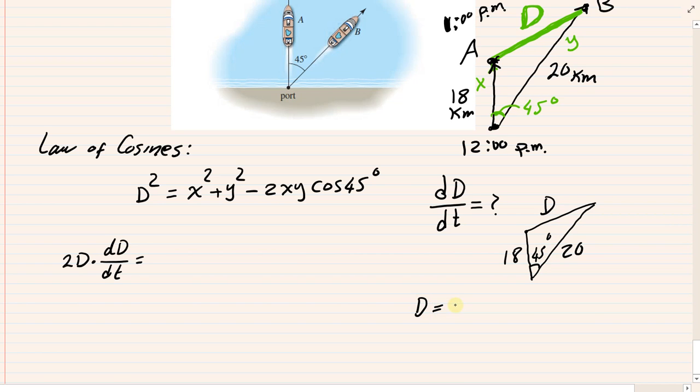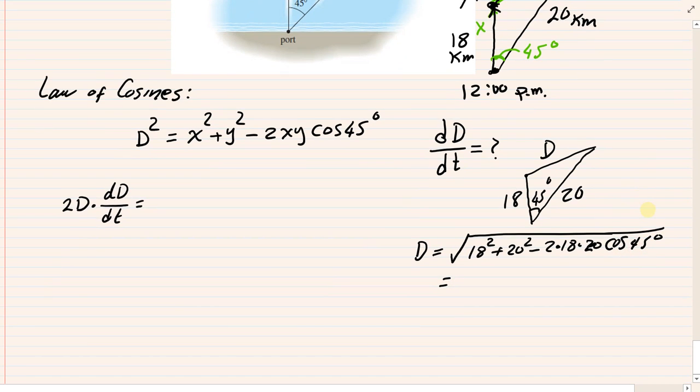D is going to be the square root of, using the law of cosines, x squared plus y squared, negative 2 times x times y times the cosine of the angle between them. Okay, and the square root, I worked that one.